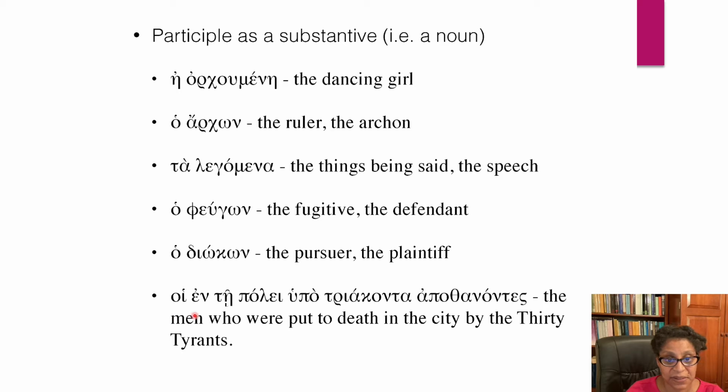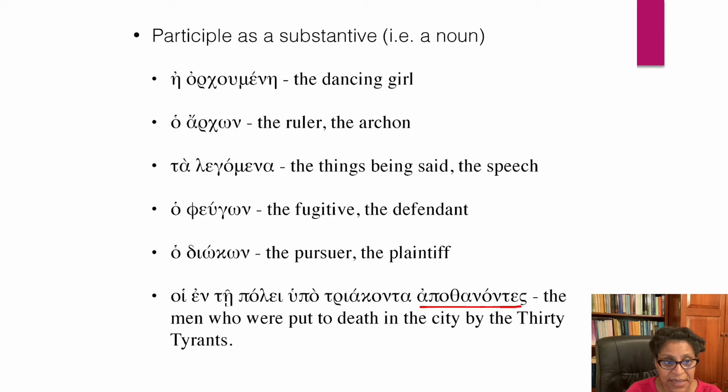And then you can also have these longer situations, of course, because remember in Greek you can just put an article on anything and make it into a noun. So the men who were put to death in the city by the 30, that group of people, we can say hoi en te polei hupo triakonta apothanontes. So apothanontes is your participle, those who were put to death, or those who died.